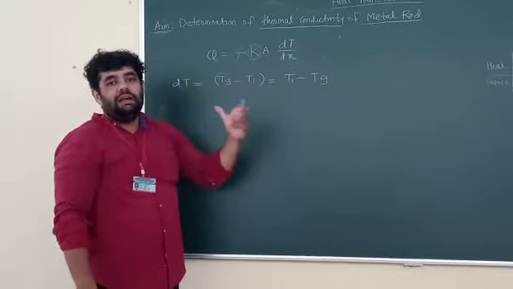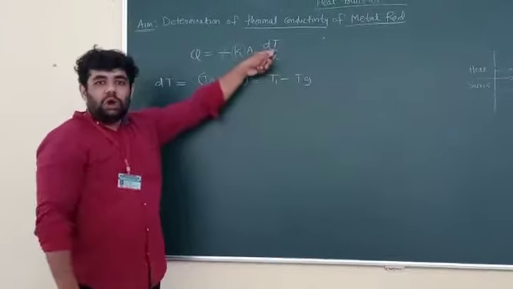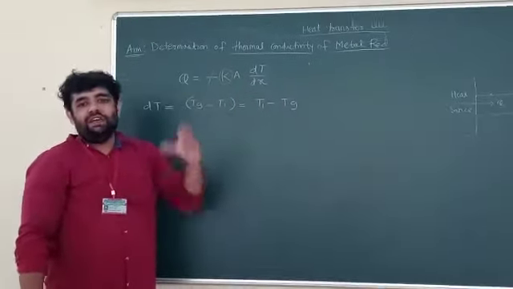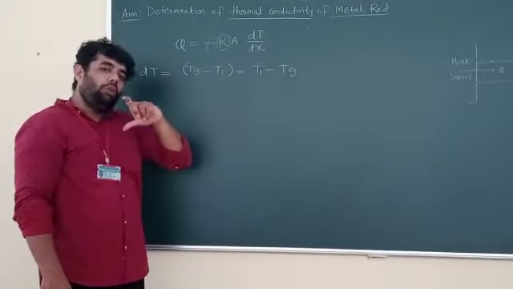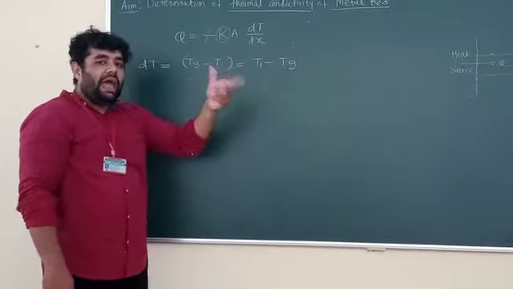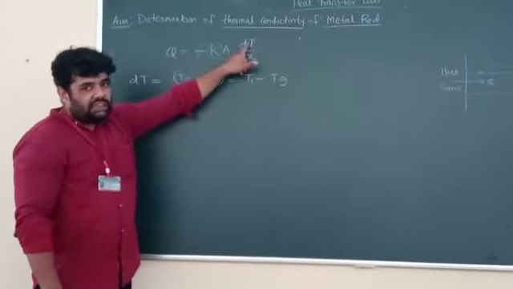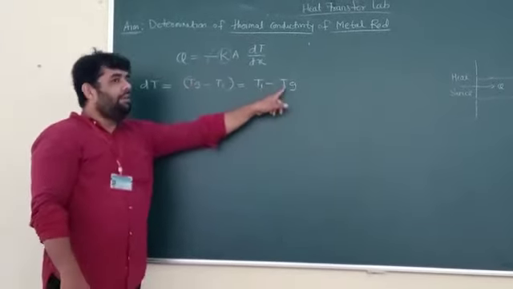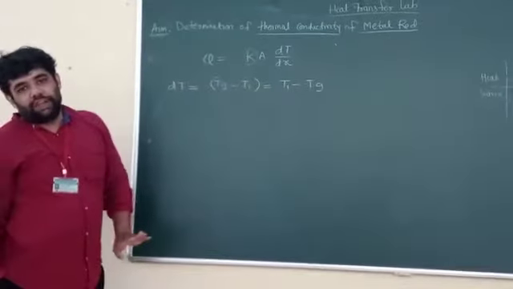Always heat transfer will take place from higher temperature to lower temperature. dT means what in mathematics? 2 minus 1, T2 minus T1 is called dT. But heat transfer takes place always from higher temperature to lower temperature. Hence, the difference T2 minus T1 is always negative. So, in order to compensate this negative sign of dT, this minus is there. As we are going to take T1 minus T9, we can take here just a positive sign.